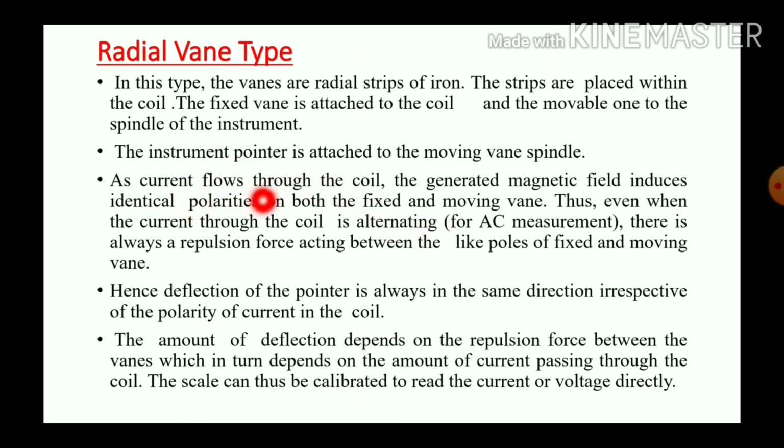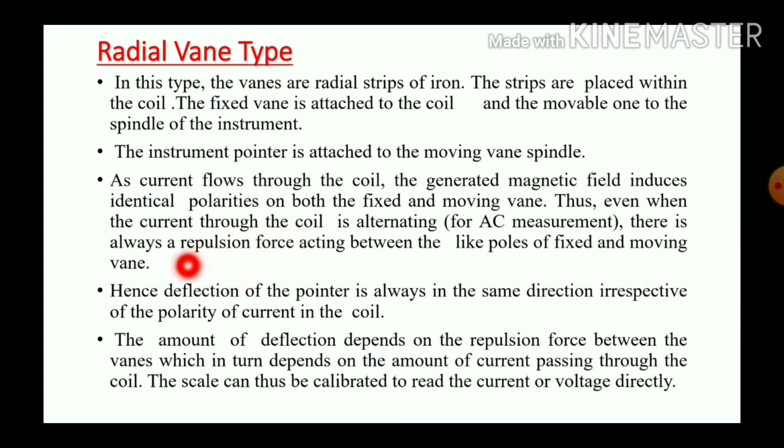As the current flows through the coil, the generated magnetic field induces identical polarities on both the fixed and moving vane. Thus, even when the current through the coil is alternating, there is always a repulsion force acting between like poles of the fixed and moving vane. The reason is that when current flows through the coil, it acts as an electromagnet and it polarizes the two iron pieces in the same direction.